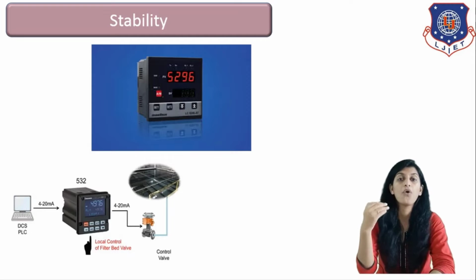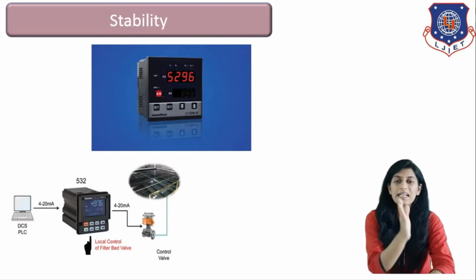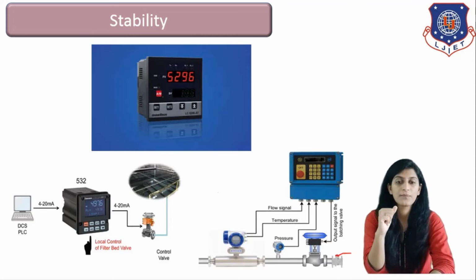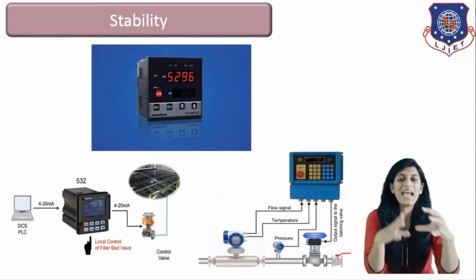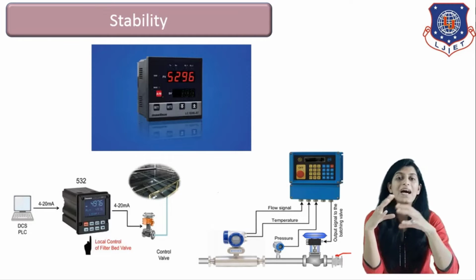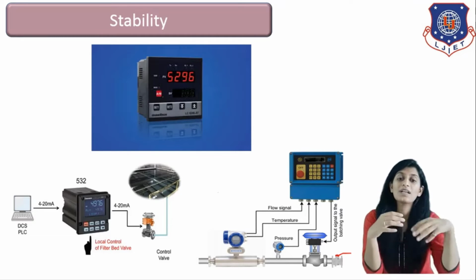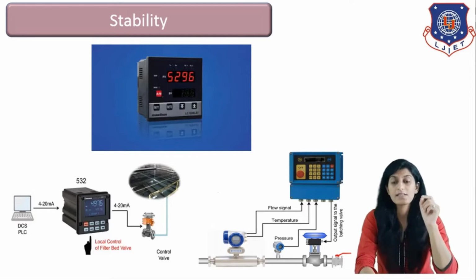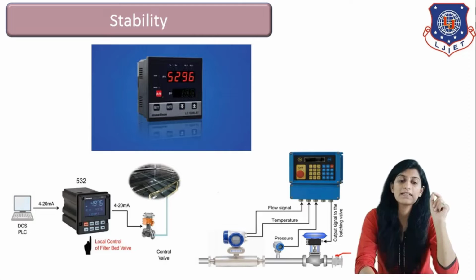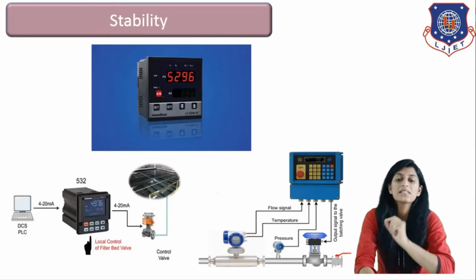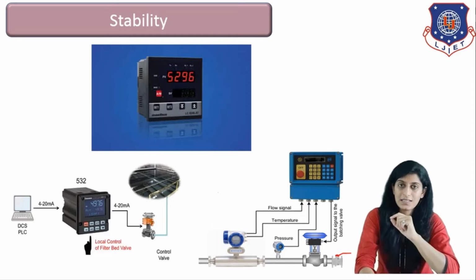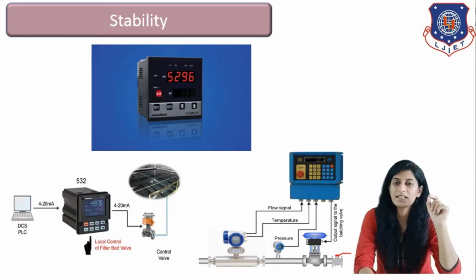We have gone through each and every step of how the entire loop works, how different elements of the control loop are connected with each other. Now the question arises: how do we provide stability to our given system? What can bring stability to our system? So let's start with this particular topic today.